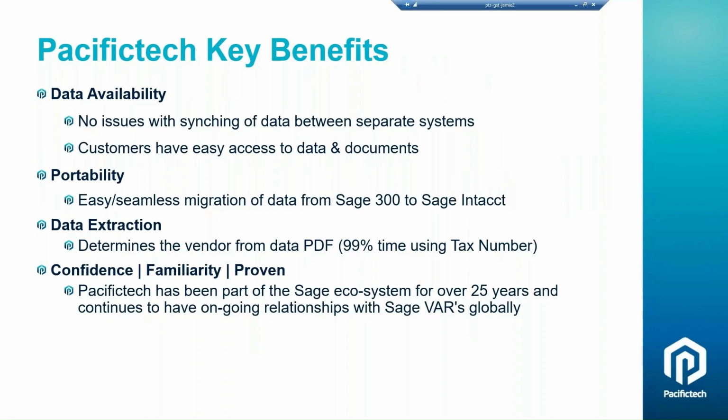All of that, and all that training of vendors, is retained. So for Sage 300 customers, it's very easy to migrate across. Data extraction, very high success rates from the PDFs. And the last one there, confidence, familiarity, and proven.